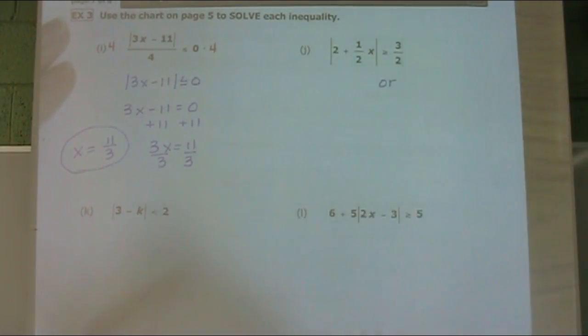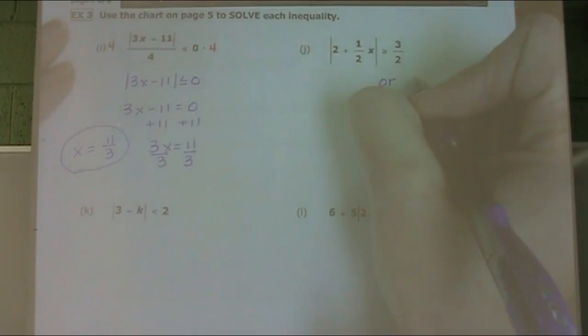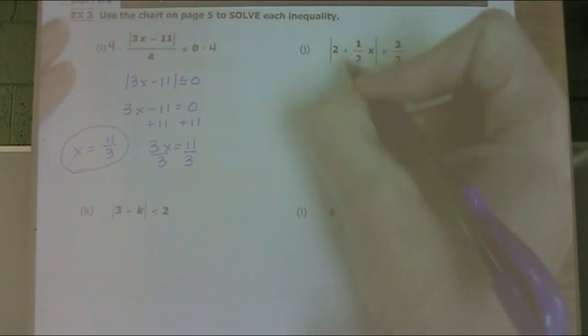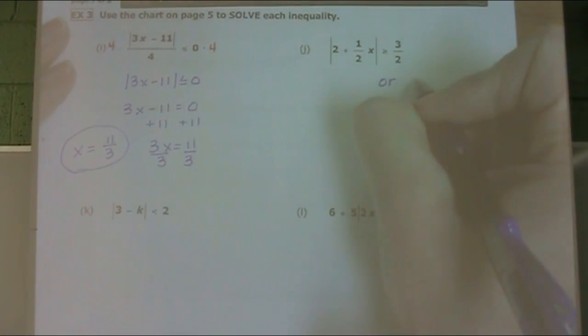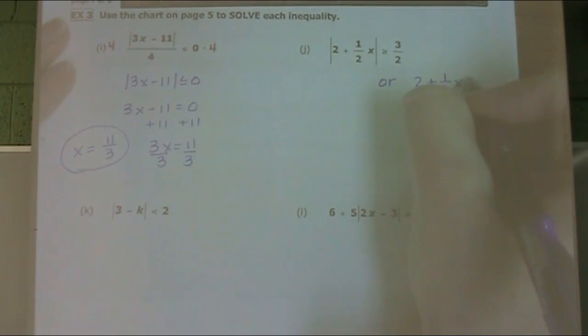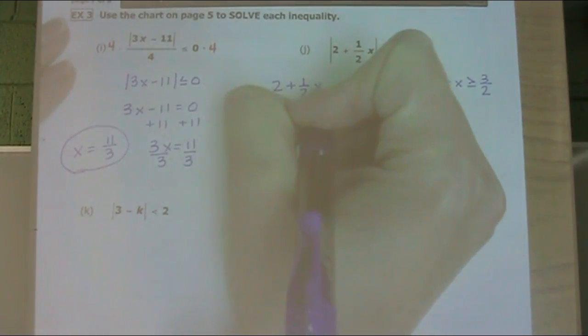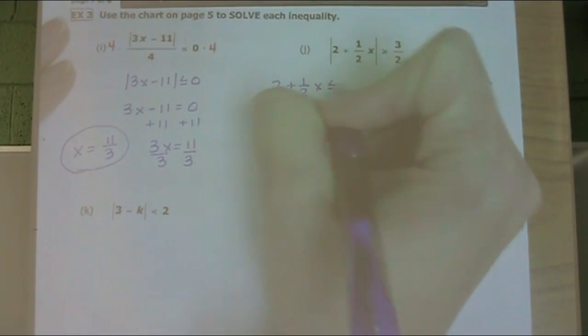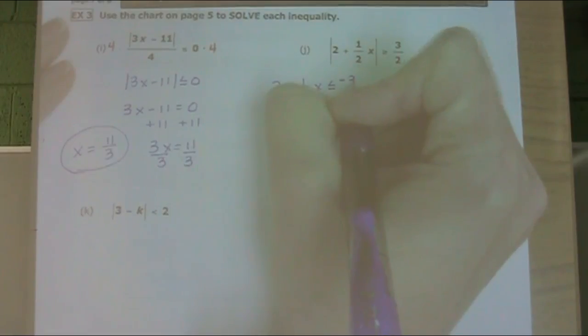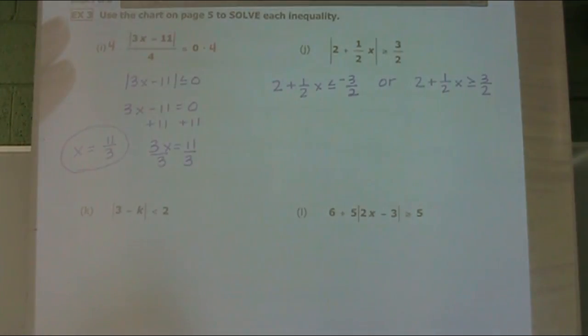So this is going to be or, and my one side is going to be the same inequality without the absolute value bars. So 2 plus 1/2 x is greater than or equal to 3/2. The other side, I still have 2 plus 1/2 x. Switch this to less than or equal to. Switch this to negative 3/2.